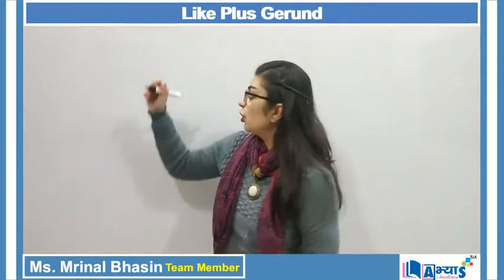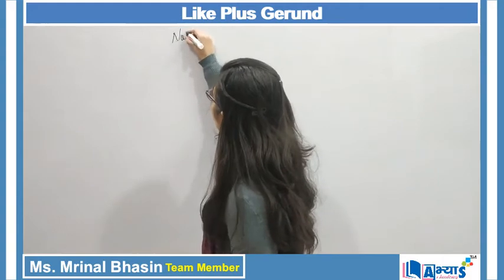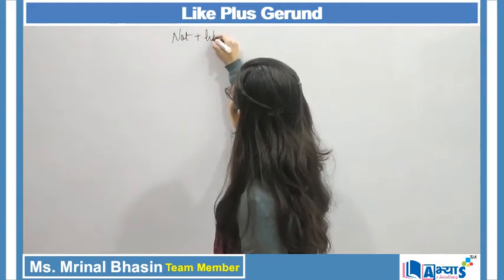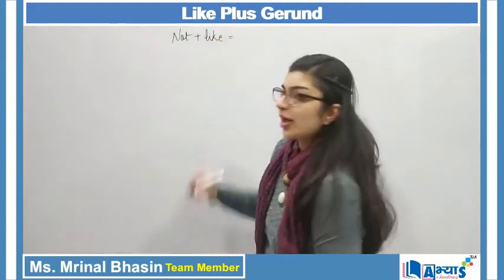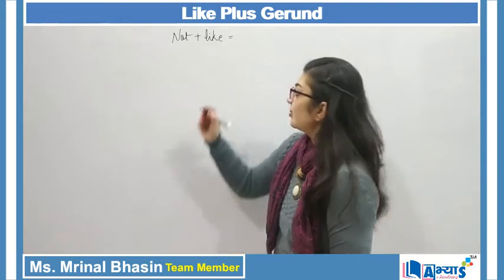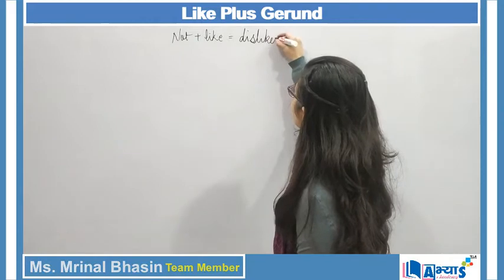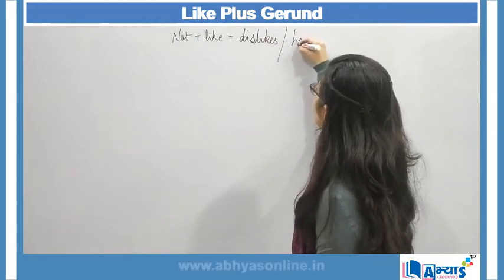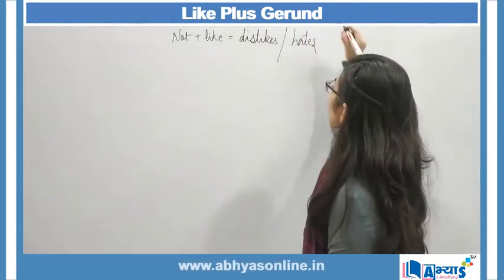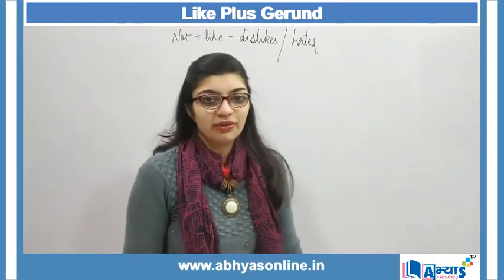So now, not plus like over here refers to something being disliked, which means that a person dislikes something, or a person hates doing something or hates someone, right?